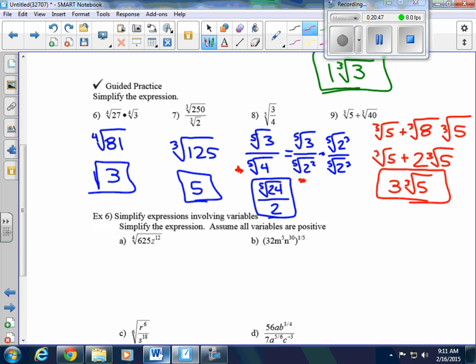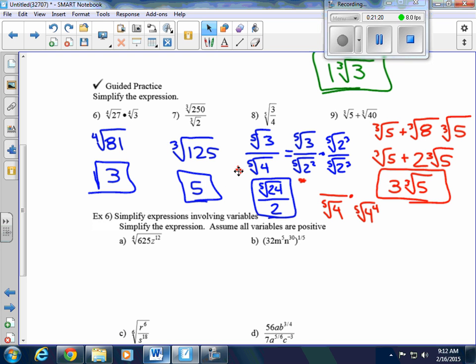Now, if you didn't do that, you could have multiplied the top and the bottom by the fifth root of 4 to the 4th. Because now that would have been the fifth root of 4 to the 5th, which would have been just 4. However, if you do that, you're going to get a much bigger number in the numerator, and then you'll have to reduce that down at the end.